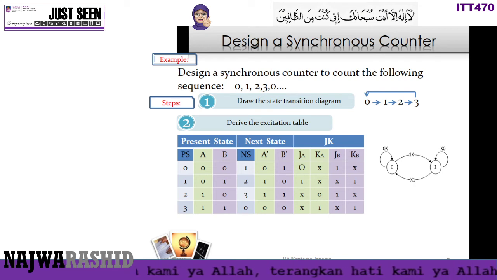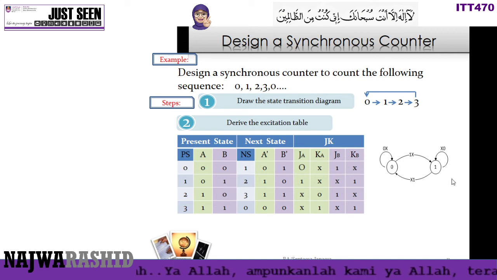Next, identify the value in JB and KB. The value in JB and KB is based on B and B prime. So current state is 0, next state is 1. So 0 to 1, you put 1x. Okay, next you have 1, the next is 0.